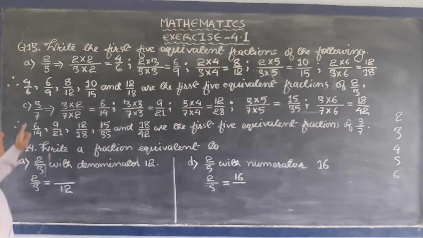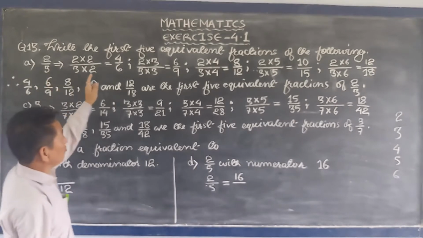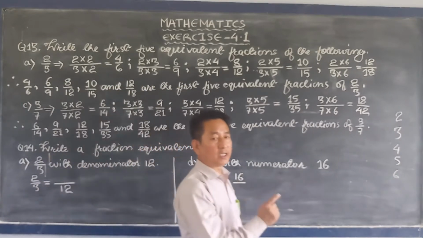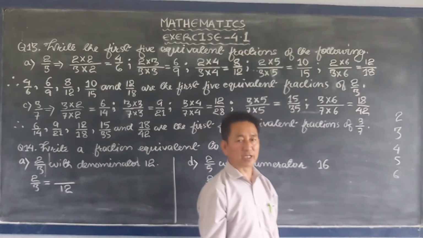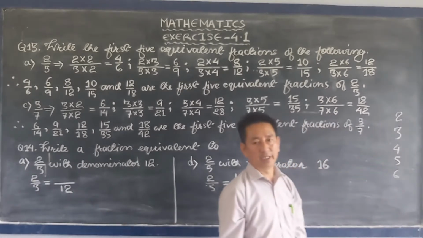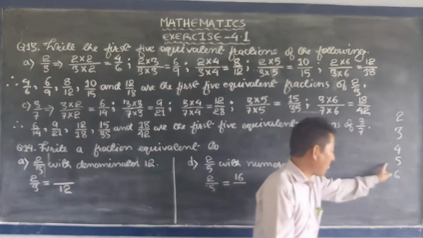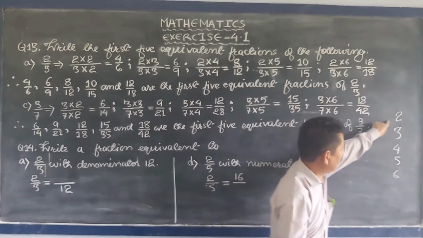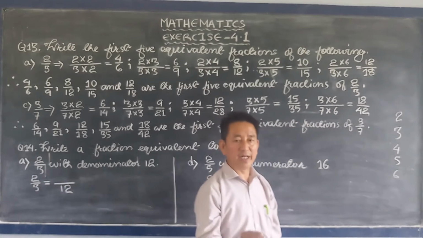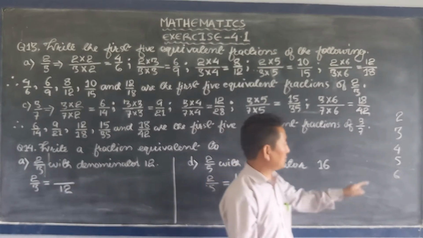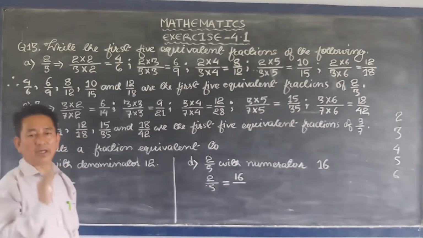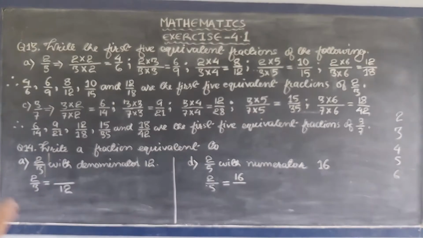So first we'll multiply the numerator and denominator by 2, then 3, then 4, then 5, then 6. That gives 5 numbers. When you multiply the numerator and denominator of the fraction by these numbers, you will get the first 5 equivalent fractions of the given fraction.